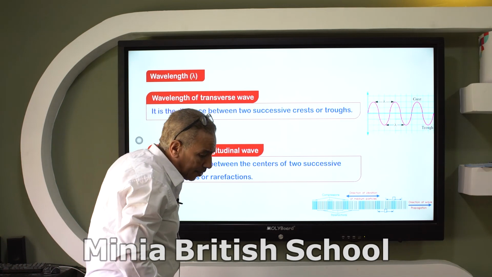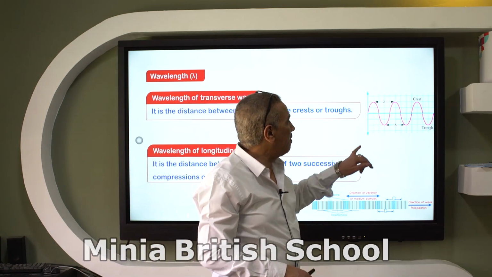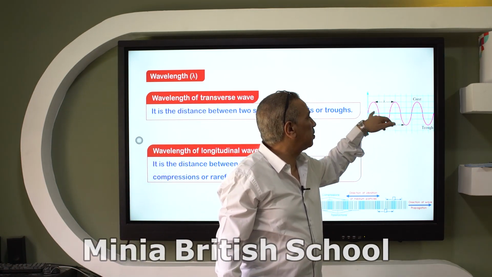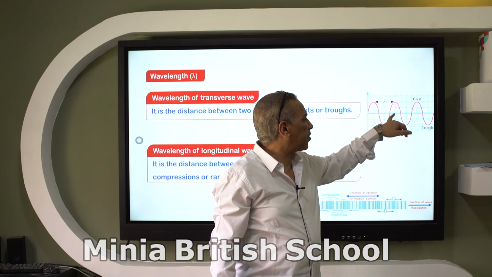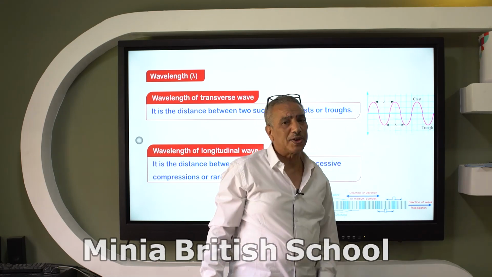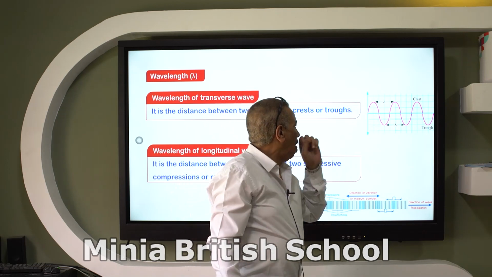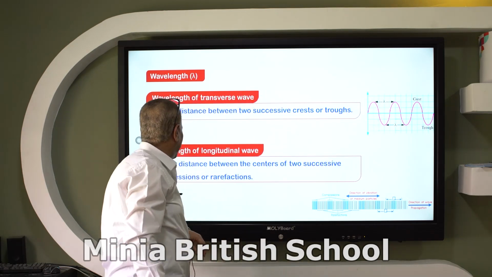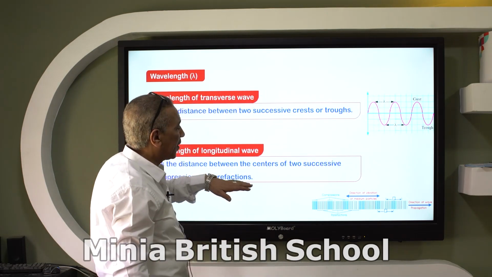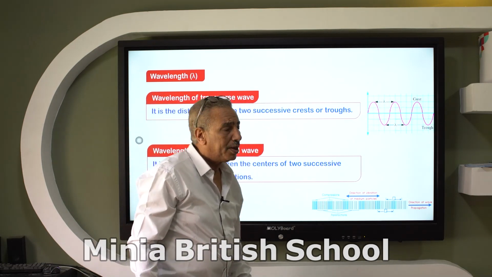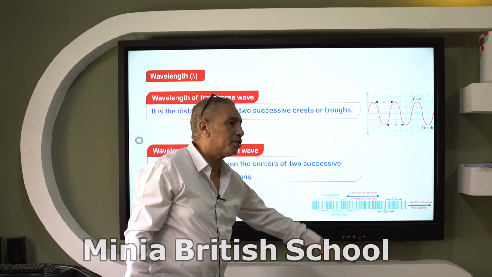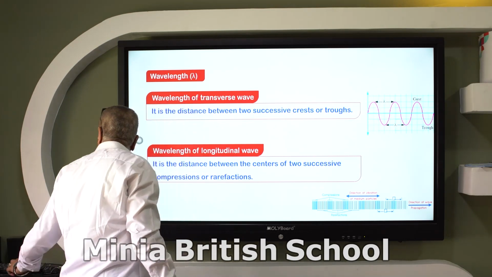If we want to calculate the wavelength of the wave, we look at the distance between two successive crests or two successive troughs. That will be the wavelength. In the case of the longitudinal wave, it is the distance between two successive compressions or two successive rarefactions.